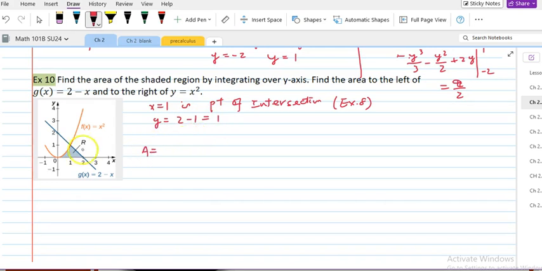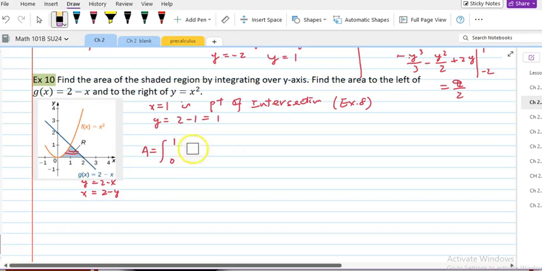So my area, I can write it horizontally. Think of it as from 0 to 1. The right-hand side is 2 minus x, so y equals 2 minus x, so x equals 2 minus y.